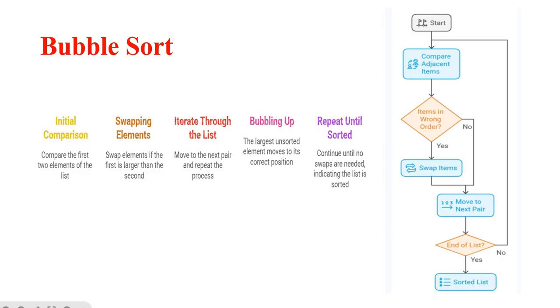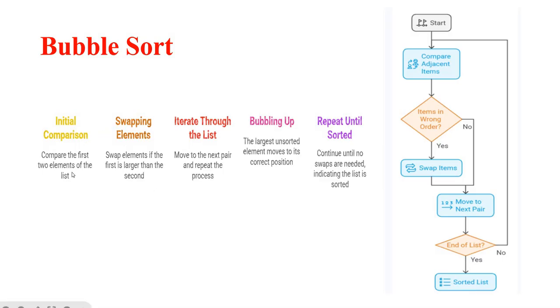Then it checks the subsequent pairs, and if you have other pairs to compare, it goes to the next pair, and this loop continues. If the list has ended, then you get the sorted list.